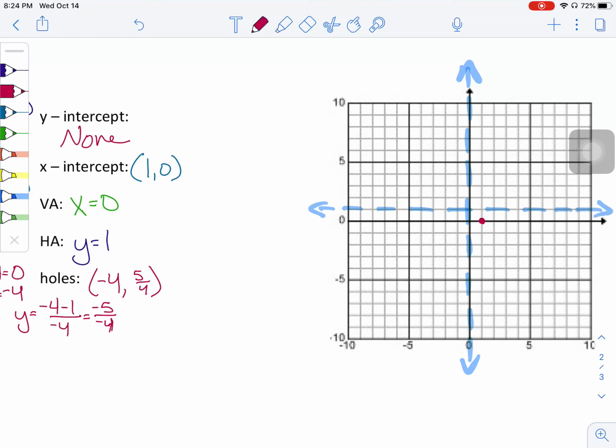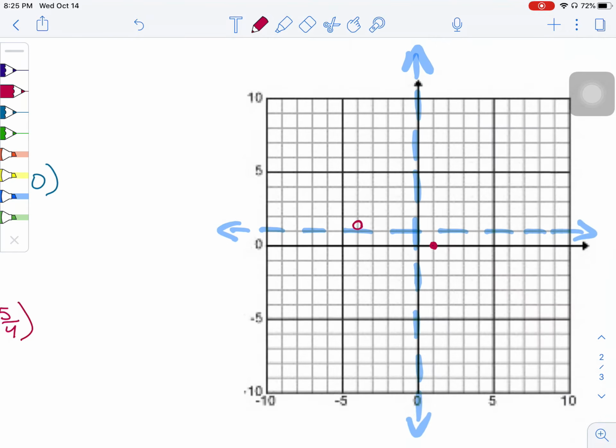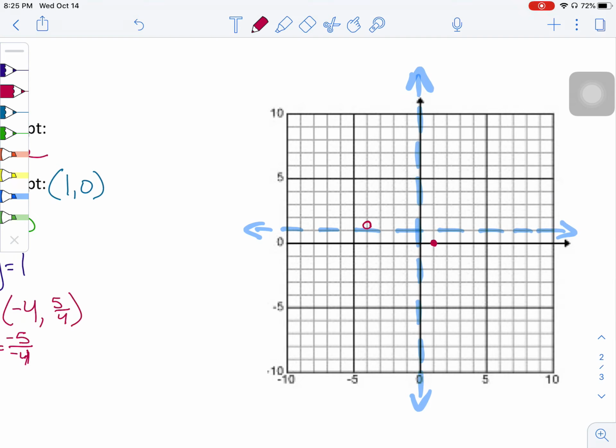And we have a discontinuity at (-4, 5/4). So negative 4 means I'm going to slide over negative 4. 5/4 is 1.25, so 1 and then a little bit above your horizontal asymptote here. But remember, it's a discontinuity, so make it a hole in the graph. We're in the same boat that we were with problem number 3.